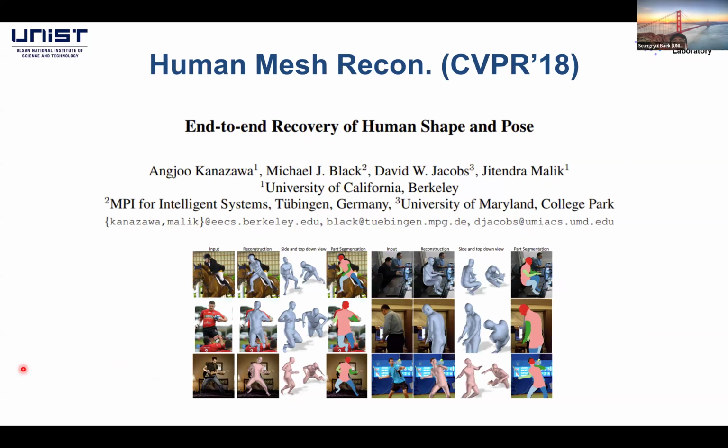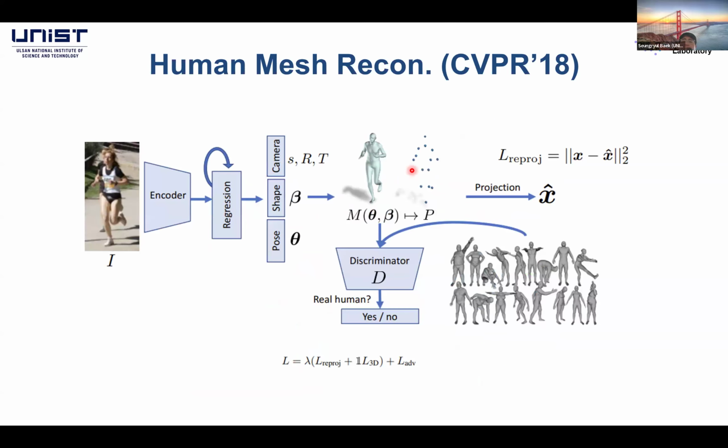But this paper appeared in CVPR 2018 and is frequently referred to as HMR. This paper was actually the first motivated to apply this SMPL mesh in the pipeline of deep learning. So you already know about this process.